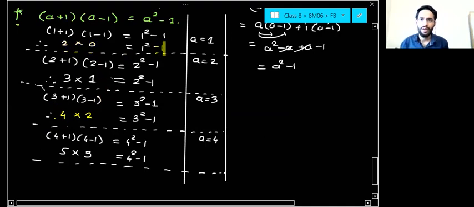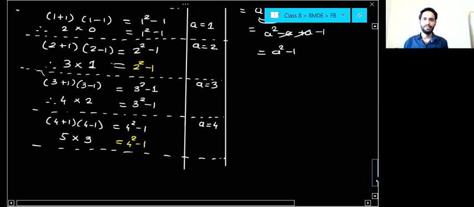It is always 1 less than a perfect square, 0 into 2 and 2 into 4. In the same way, if I multiply two consecutive odd numbers, 3 into 1 or 5 into 3, it is 1 less than a perfect square, 1 less than 2 square and 1 less than 4 square.